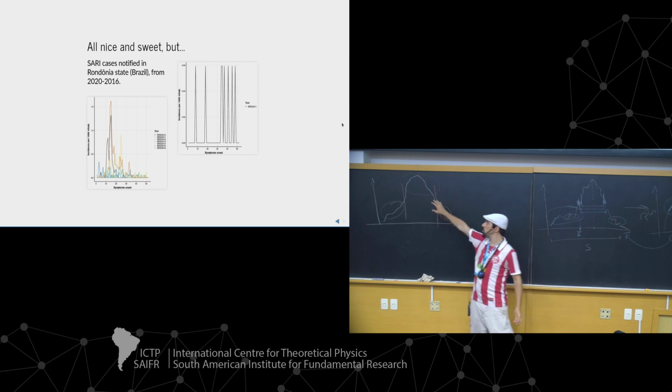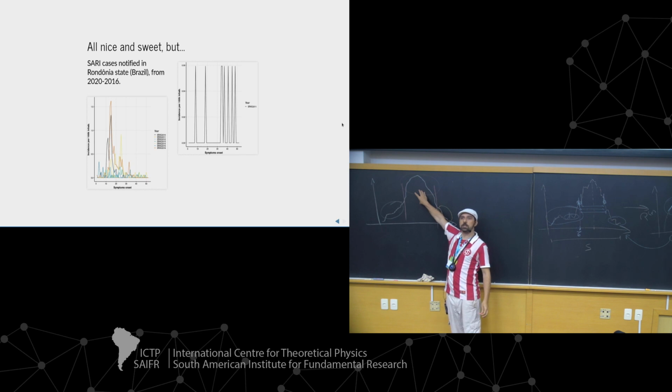Because again, I have a distribution of observations here. So I can again look at outliers here to classify my seasons in terms of the peak of activity.